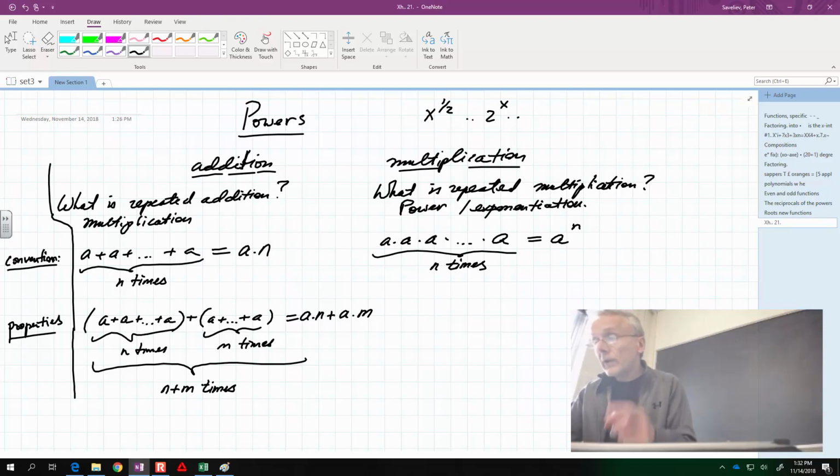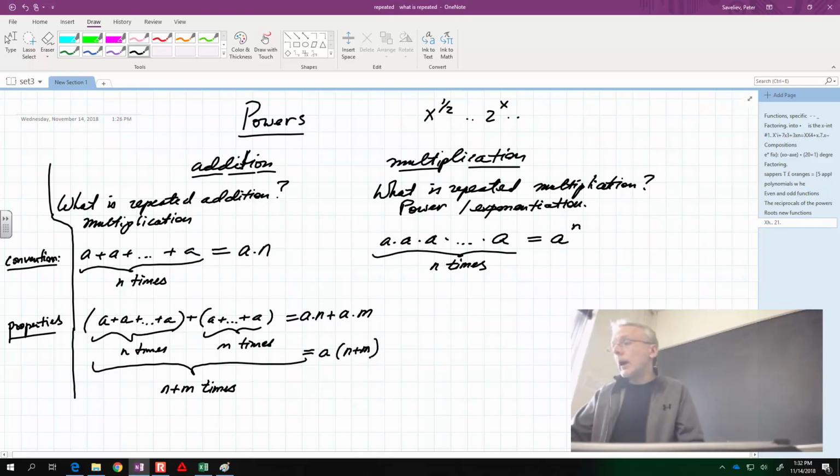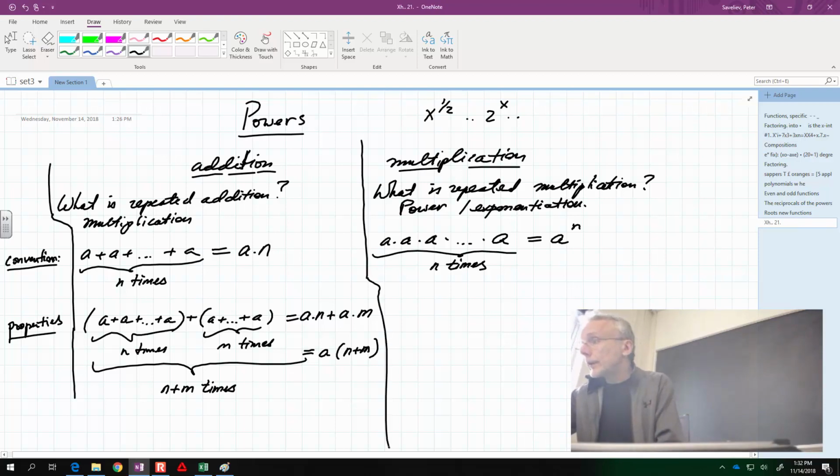According to our convention, a appears n plus m times, so it is a multiplied by n plus m. Nothing but counting.